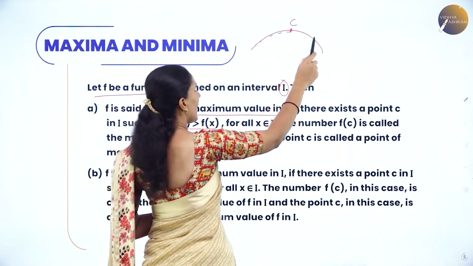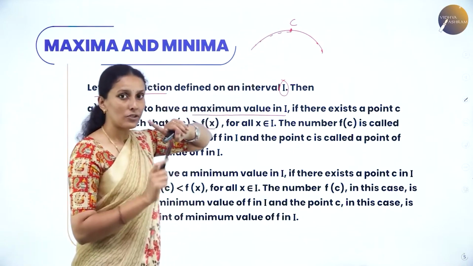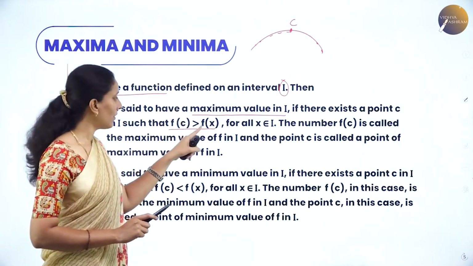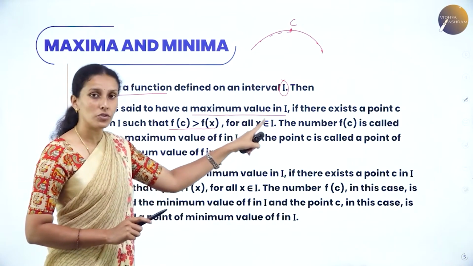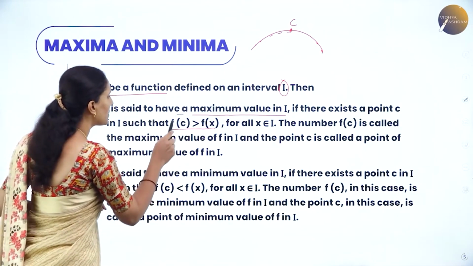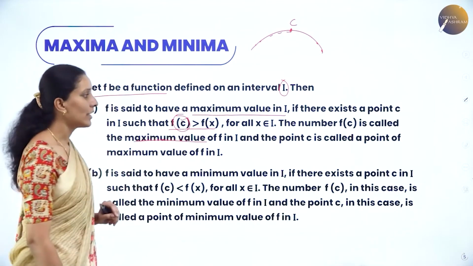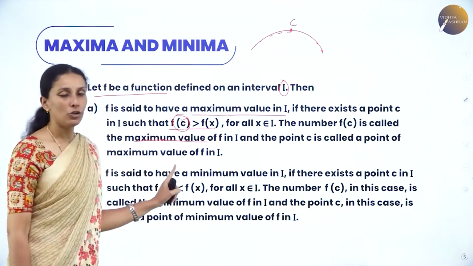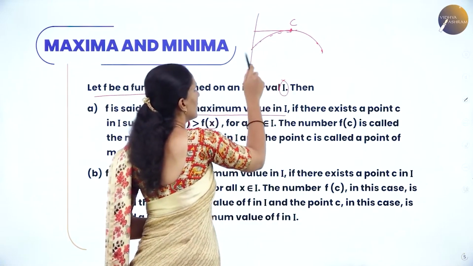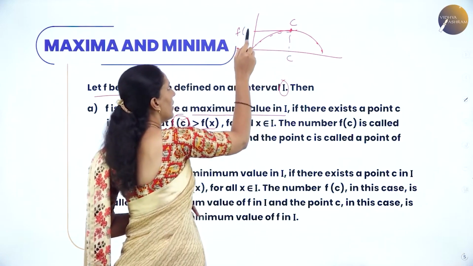And these are all any x belongs to I. If there exists a point c such that f of c, the functional value at c, must be greater than other values of f of x for all x belongs to I, and c must also belong to the same interval, then f of c is called the maximum value and c is called the point of maximum value of f in I. So if this is your x and y axis here, this denotes the point c and this is your f of c.